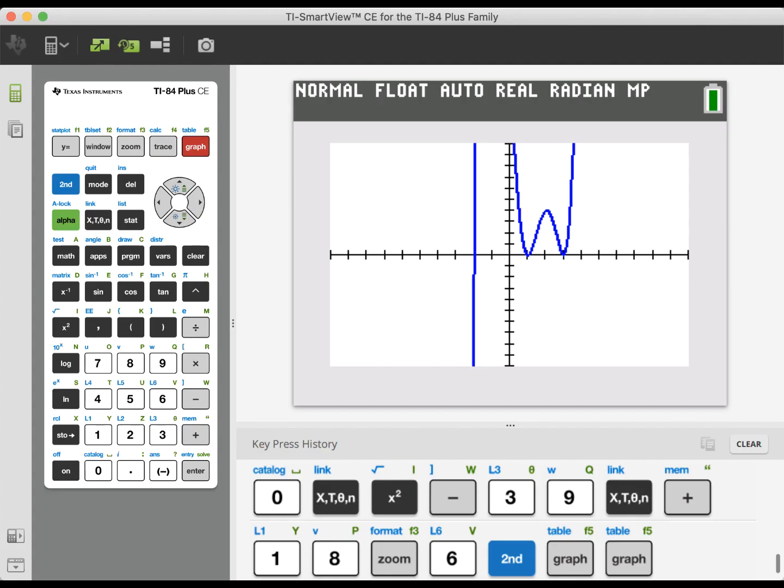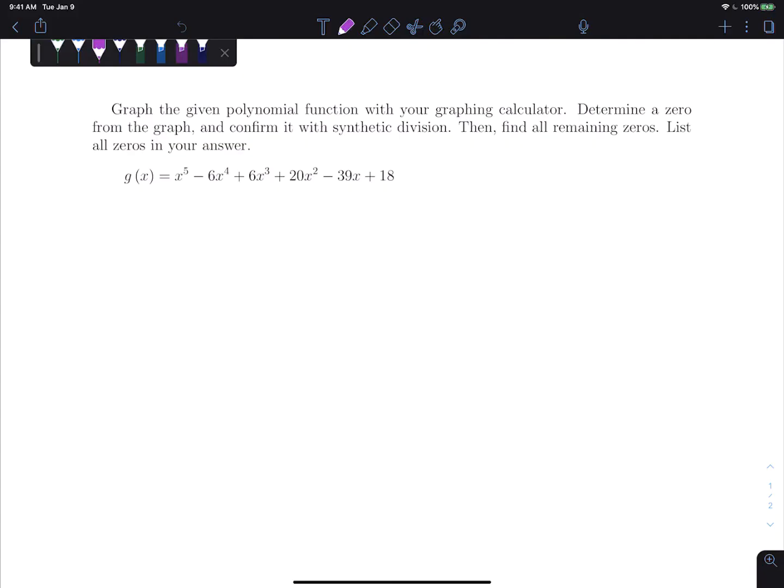I'll see you there. Okay, welcome to the notes. Let's go ahead and prove the first zero. The first zero was -2. We have our coefficients of 1, -6, 6, 20, -39, and 18.